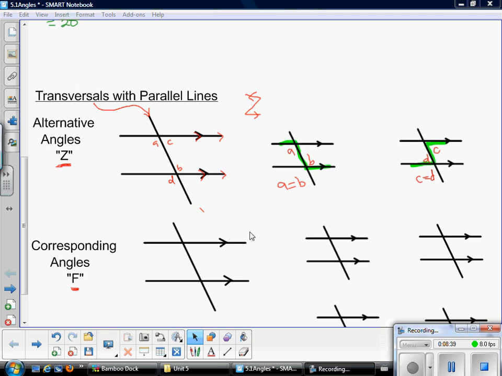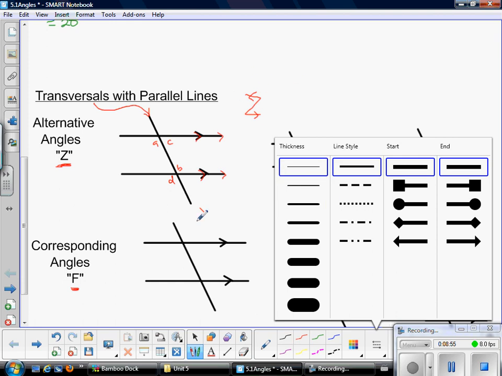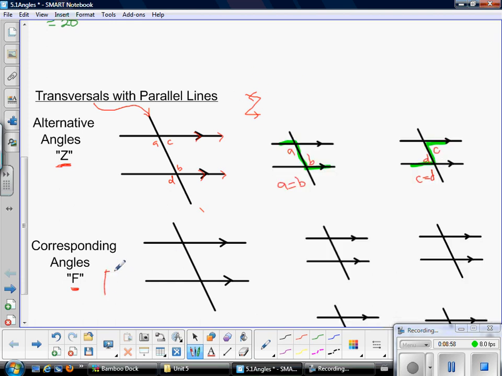Now, the next kind of angle that we want to look for is what we call corresponding angles. And again, you have to have parallel lines, and we're looking for the F pattern. And the F pattern can be turned many different ways as well. The first thing that I find helpful to look at, just like with the Z pattern, is that for the F pattern the parallel lines this time are the top part of the F and the middle one, and you're looking at the angles directly underneath those parallel lines.